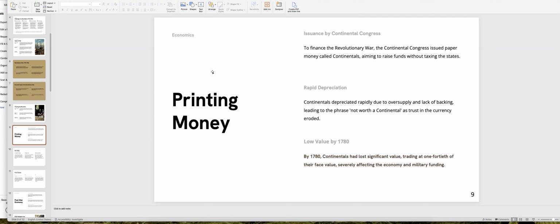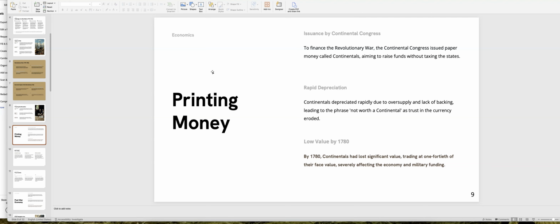That between 1775 and 1781, which are primarily the war years here, what we're seeing is the printing of $200 million in continental money.